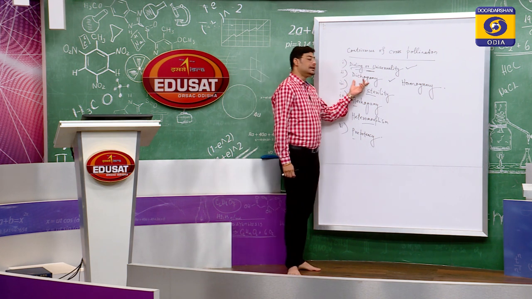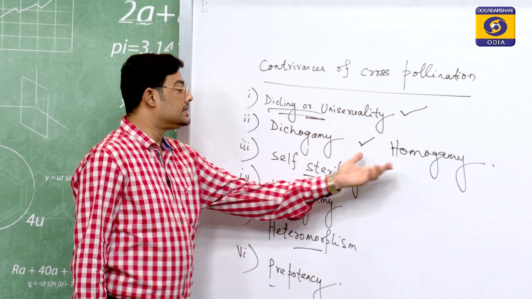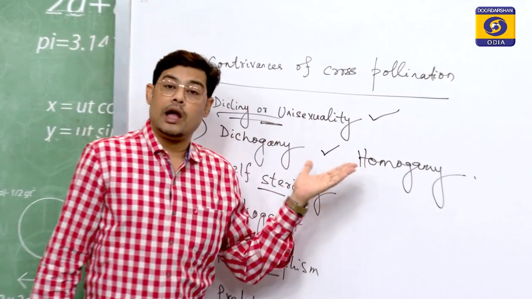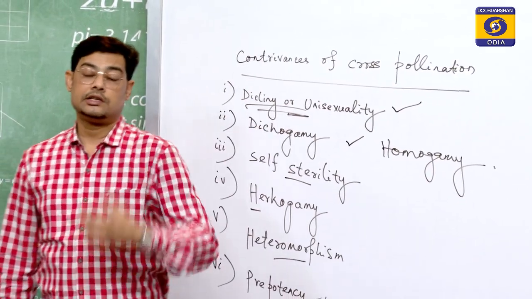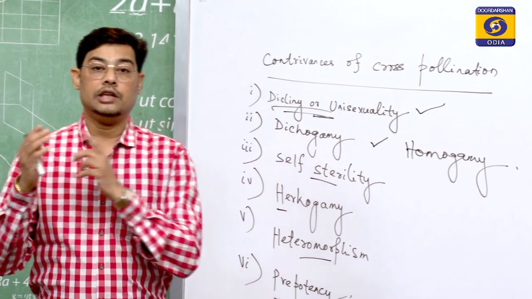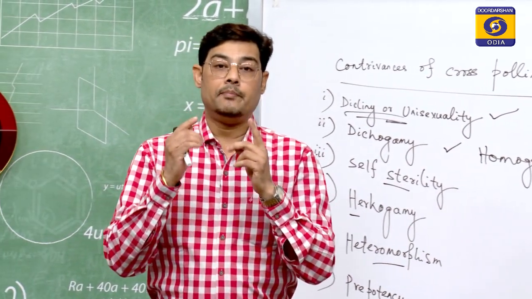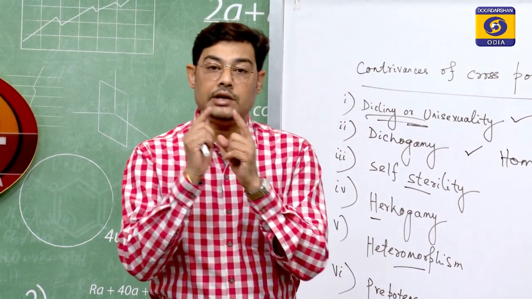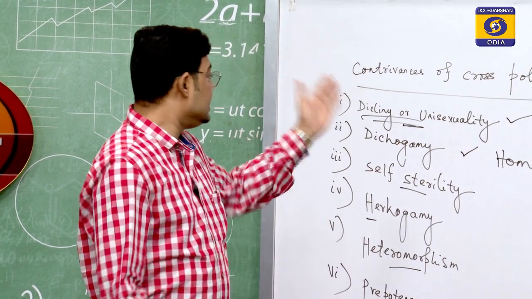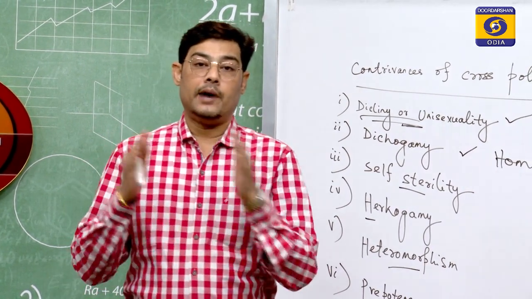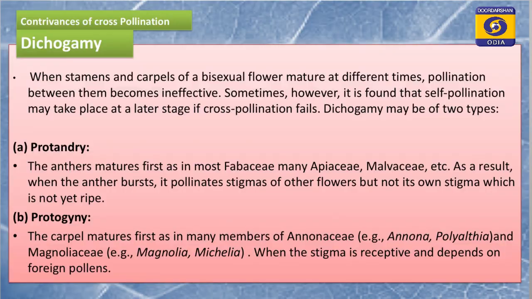Next, moving to dichogamy. As I said, this is just the opposite of homogamy. Homogamy, what we discussed in self pollination, is where the male part and female part both mature at the same time. But here in dichogamy, the male part and female part mature at different times. When the male part matures first, we call that protandry, the protandrous condition.